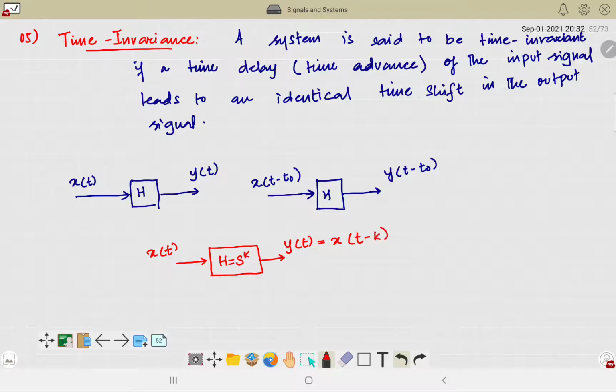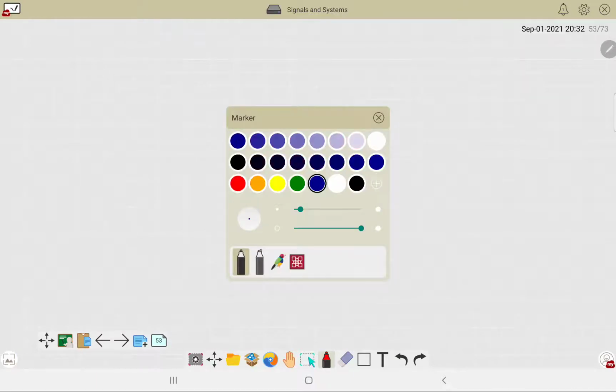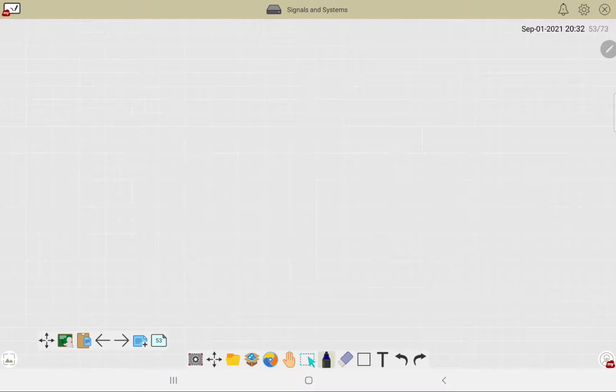So let's try to analyze the time invariant system in terms of this. We'll take a simple continuous time system, represented by our general expression y of t equals H of x of t, some transformation on the input signal x of t. So x of t here is the input signal and y of t is the response of the system to this signal.